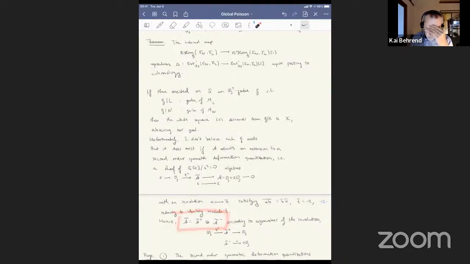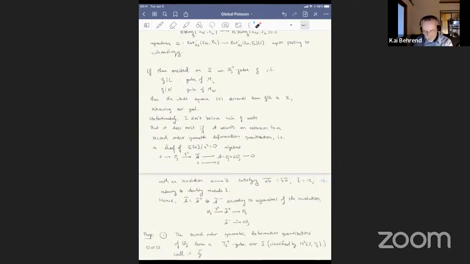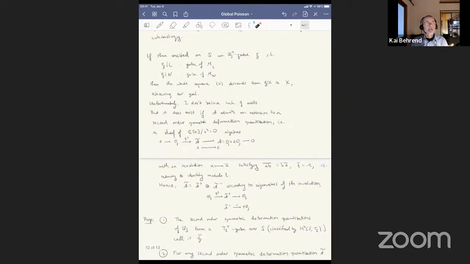Second order deformation quantizations. Okay, so briefly, these second order deformation quantizations exist locally. They're locally isomorphic. They form a gerbe. So I pass to this gerbe. Now I have a second order deformation quantization. Up there, I can pass to the further gerbe that allows me to quantize the Lagrangian submanifolds.